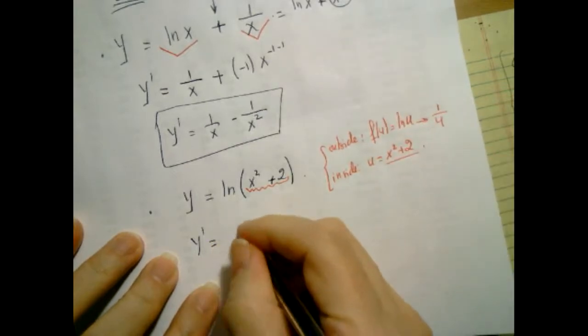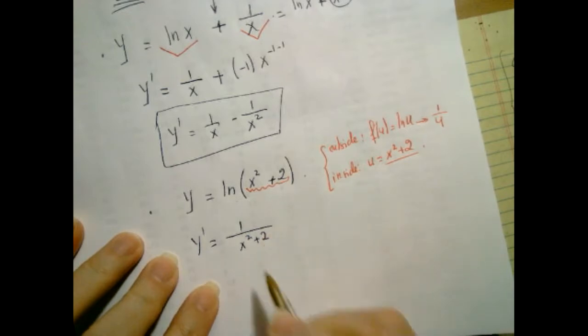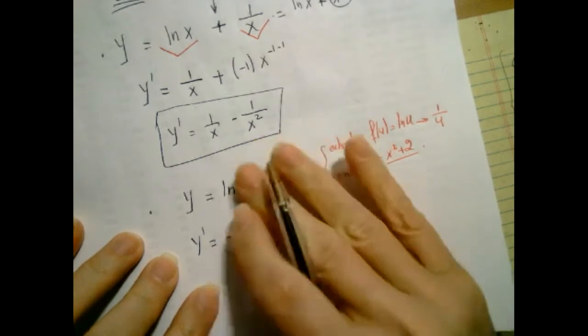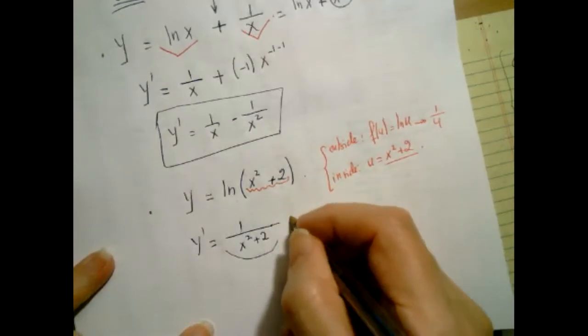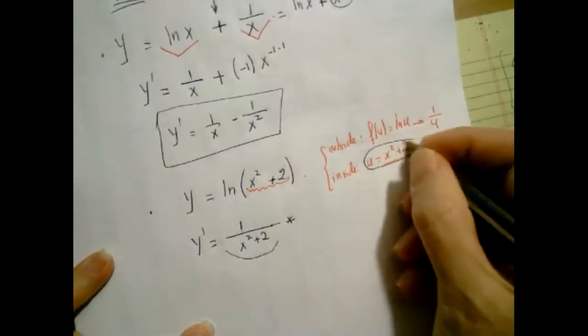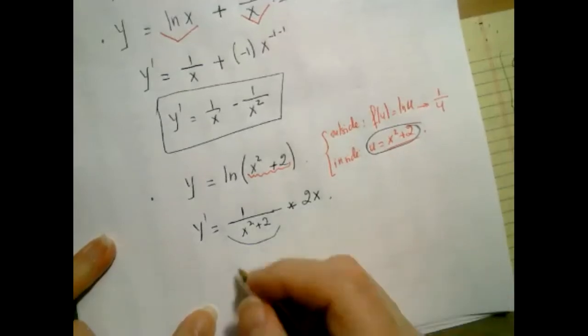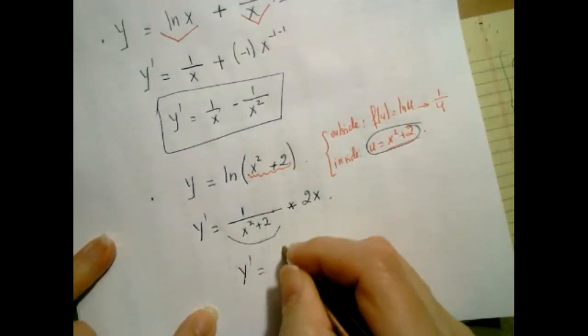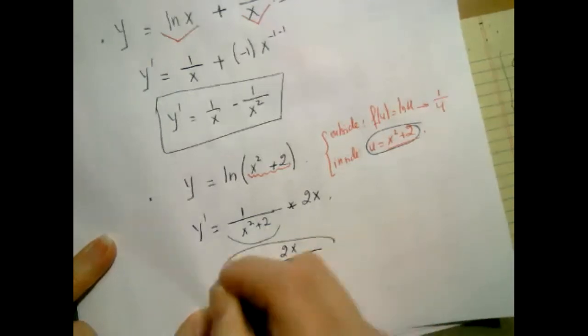So it's going to be 1 over x squared plus 2. That's the derivative of the outside of the ln function evaluated at the inside, times the derivative of the inside, which is 2x. So another way to write it is 2x over x squared plus 2.